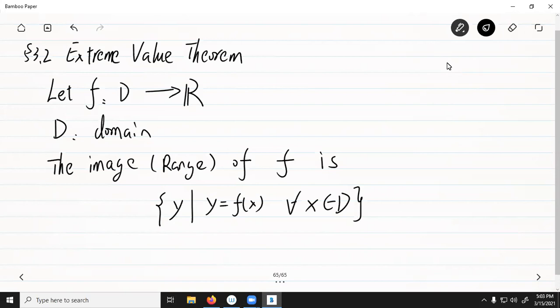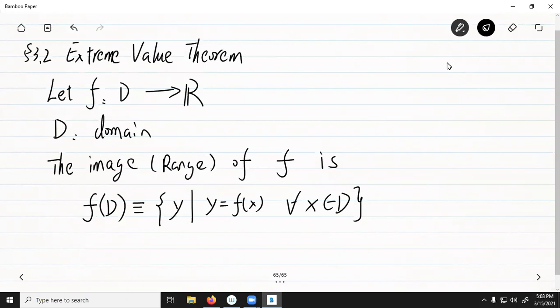The collection of these f values is called the range or the image. We denote the set by the symbol f of D, which is defined by the range of this function f. So f maps its domain into its image.